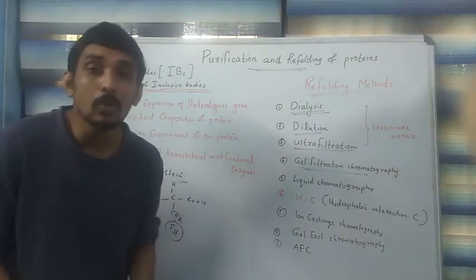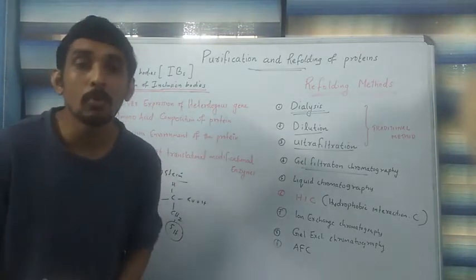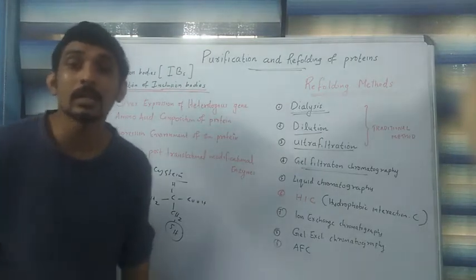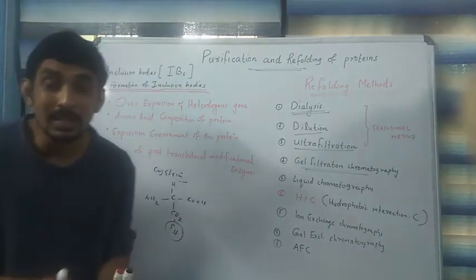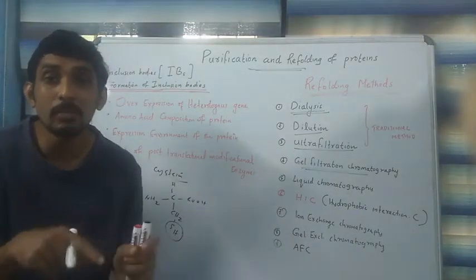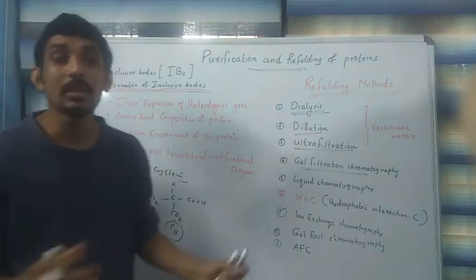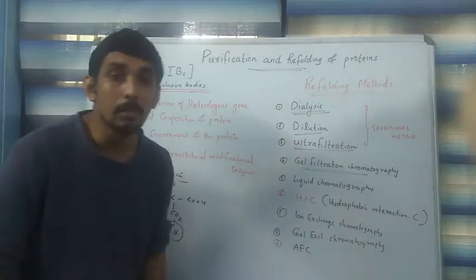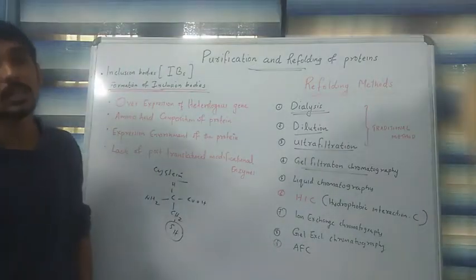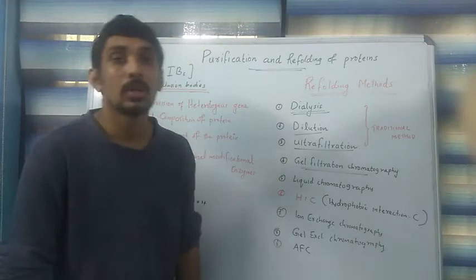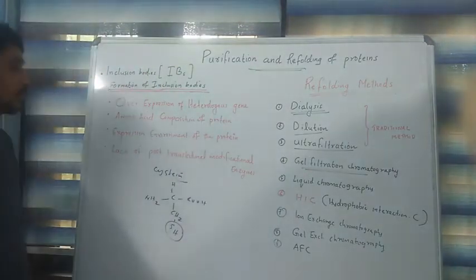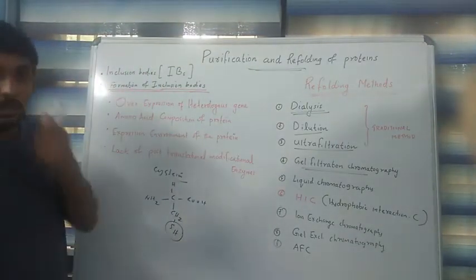If the protein product contains more sulfur-containing amino acid, especially cysteine, that sulfur can make disulfide bonds, creating a complicated structure. So if the amount of sulfur-containing amino acid is high, there will be more chance for the formation of inclusion bodies. That is the second point.